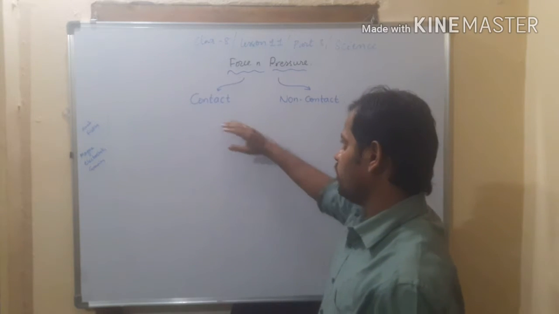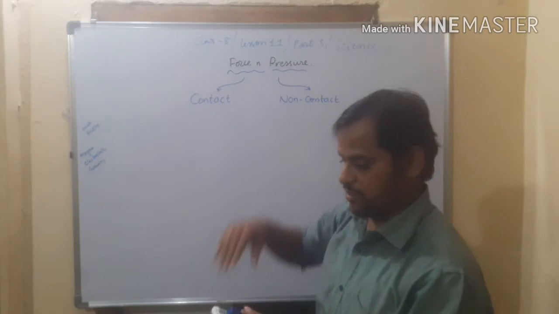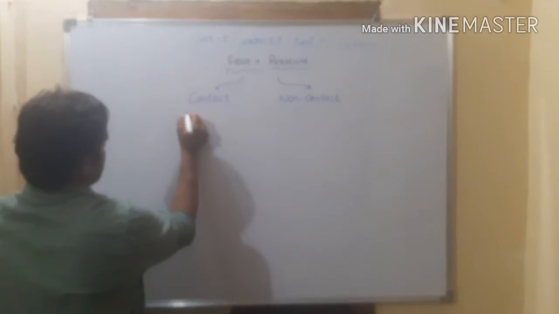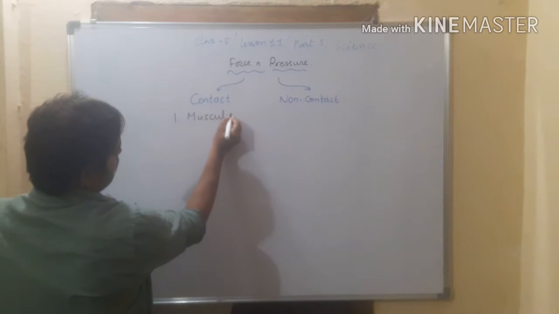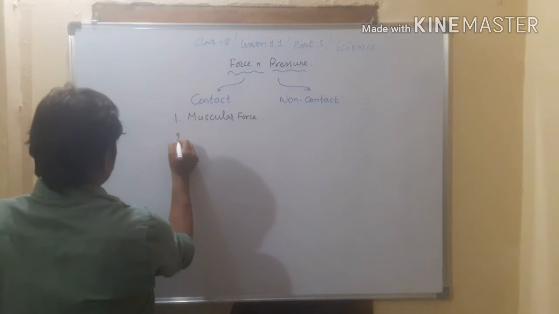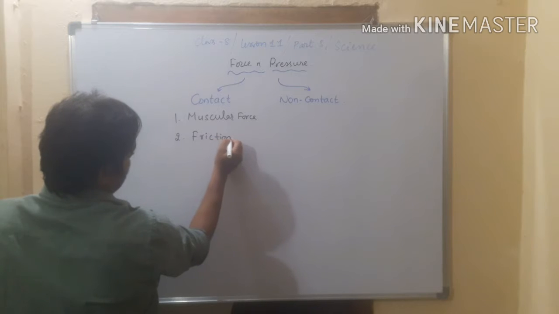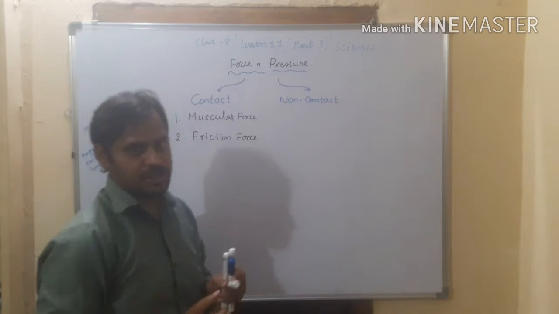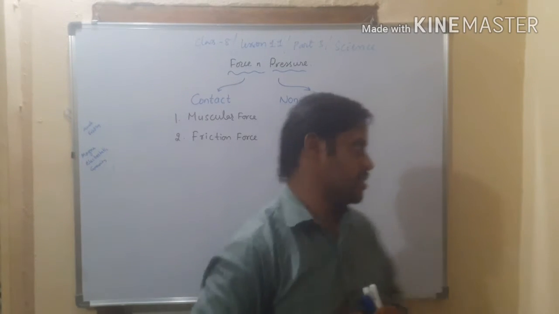So here forces are of two types: contact force and non-contact force. What are the contact forces? Contact forces are two types: first one, muscular force, and second one, friction force.